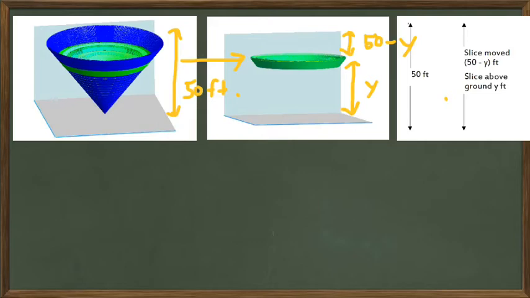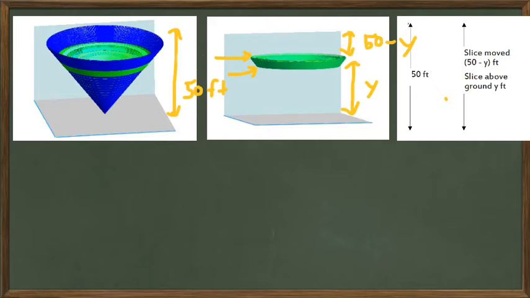And that slice of water does not have a constant force, because it weighs a little bit more on the top, where it has a larger radius, than it does on the bottom, where it has a smaller radius.